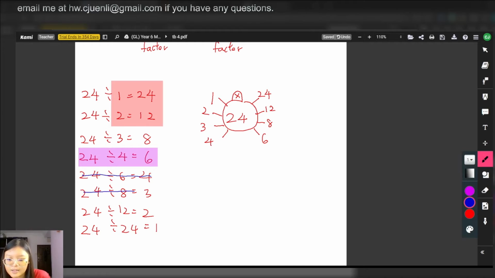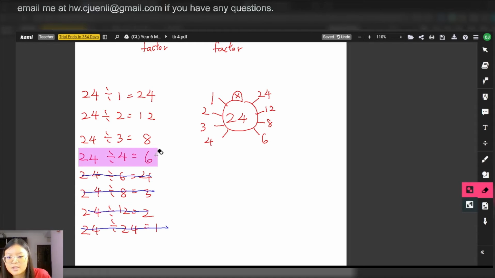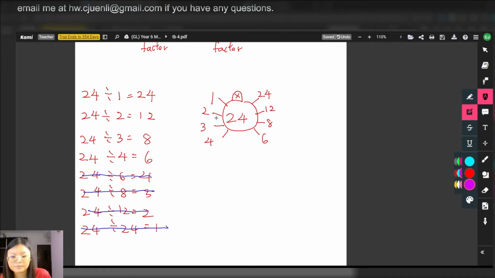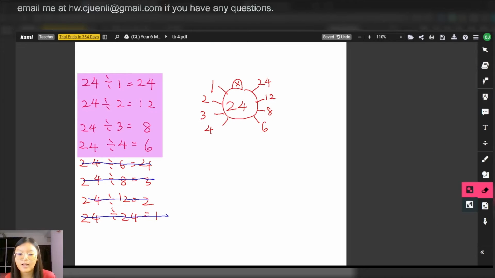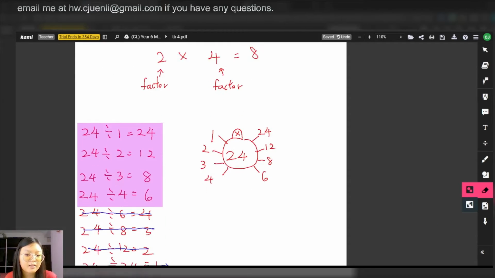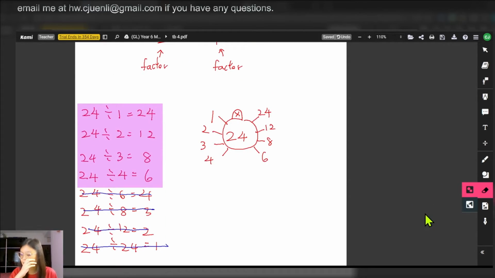All you need to see is the ones over here because it is basically the same thing. So I'll be deleting this for you, don't worry, so you won't get confused. Unless you don't want me to delete it, it's fine. I'll just leave it here for once. Next time, if you want me to delete it, just let me know during class or at my email. All right, you can look at it on top over there.